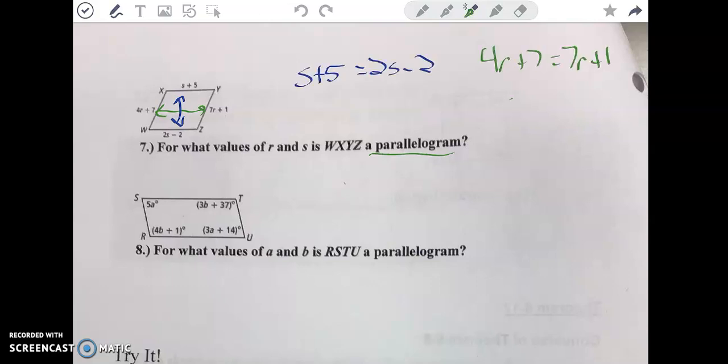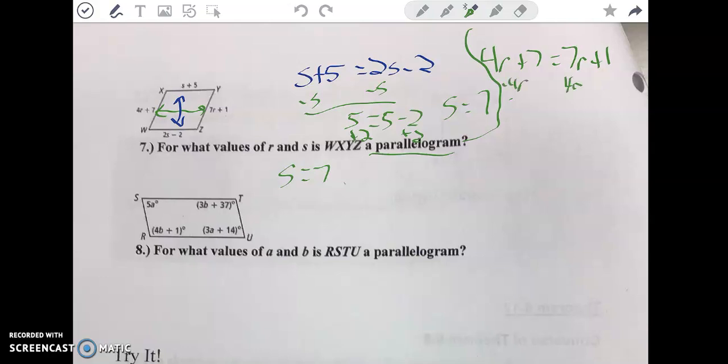Now that I've got these set up, we can solve for S. So S is equal to 7. And then on the other side, when we look for R, subtract 4R from both sides. We end up with 7 is equal to 3R plus 1, subtract 1. So we end up with 3R is equal to 6. Then divide both sides by 3, R equals 2.